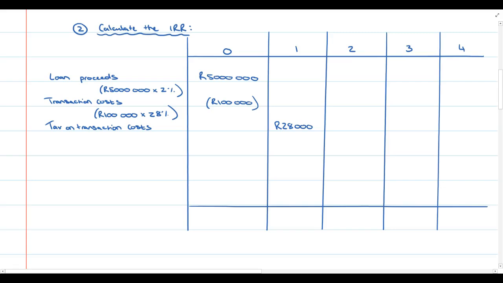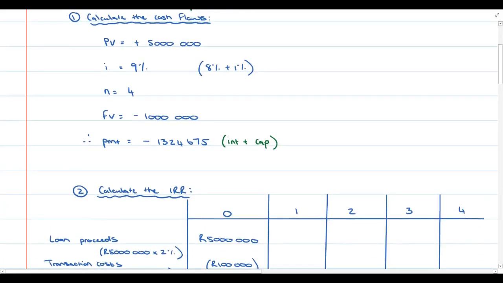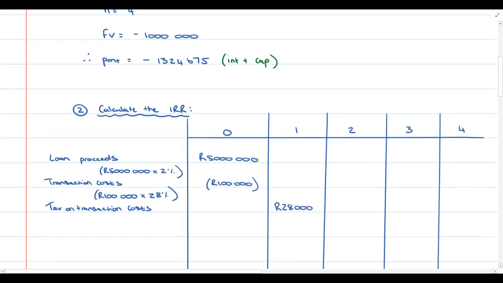Then let's include the other cash flows. So we've included the 5 million rand, which they'll receive up front. Then at the end of the 4-year period, they have a balloon payment of 1 million rand.